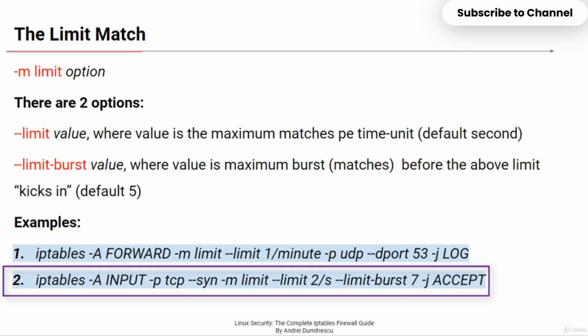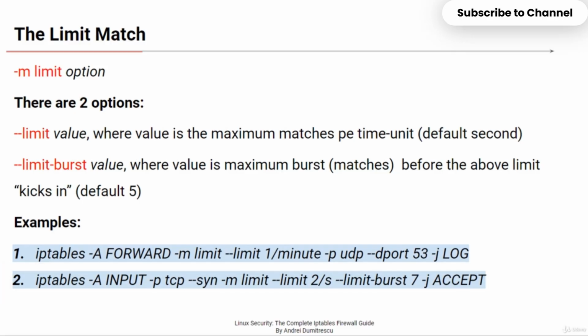For every second that passes without matching 2 packets, the burst will be regained with the number of packets not matched in that second. Like if in a second only 1 packet is matched, then 1 burst will be regained, and if in another second no packet is matched, then 2 bursts will be regained.